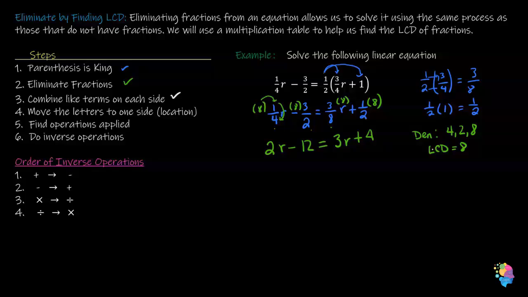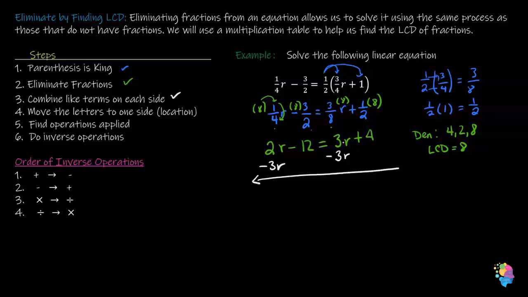Now I need to move the letters to one side, so I need to pick a location. I'm going to look at the right side. There is a 3r on the right side, right here, 3r. It's positive, so it's being added. The opposite of addition will be subtraction. So I'm going to move this 3r from the right side to the left side. I'm moving my letters to the left.